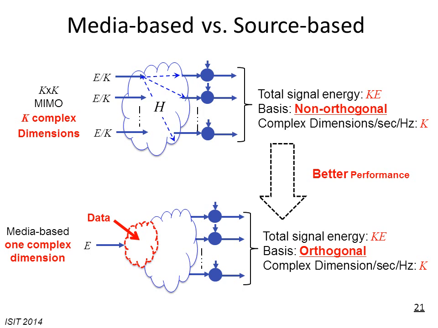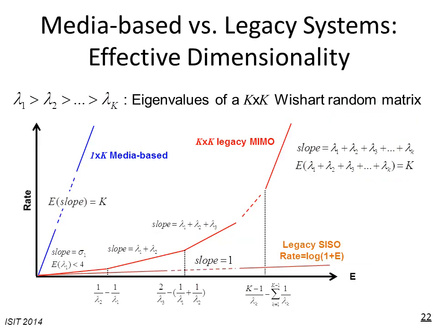This energy harvesting is a feature of both MIMO and media-based, which is a benefit with respect to K parallel channels. However, in the case of MIMO, because the channel is non-orthogonal, we will see that we have some degradation. But in the case of media-based, the channel is also equivalent to an orthogonal channel, so we have both energy harvesting and independence of the noise over receive antennas.